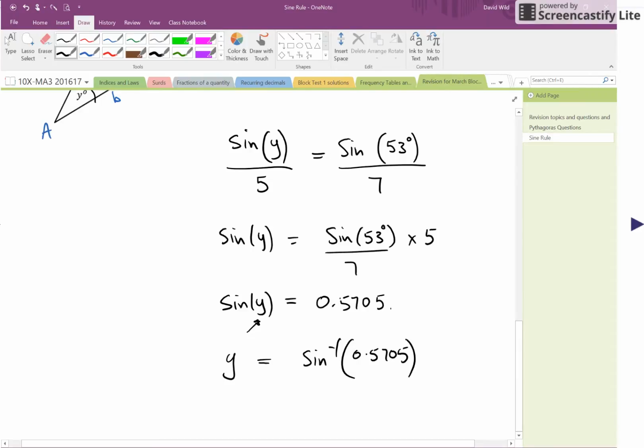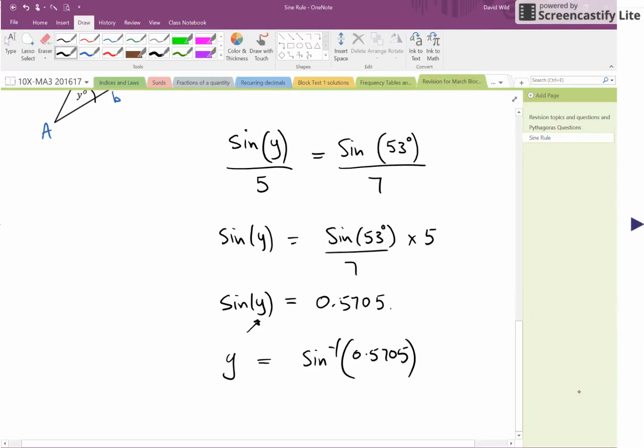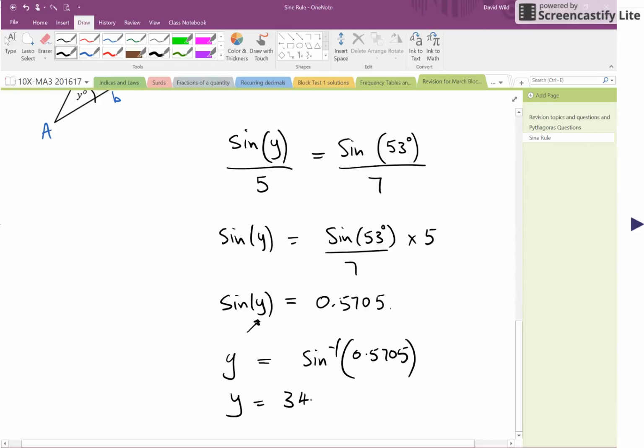So we want to calculate the inverse sine of 0.5705, so we do shift sine, and we use the answer button because that contains our 0.570539 answer. And we get an angle of 34.78 degrees. That's our 34.78.